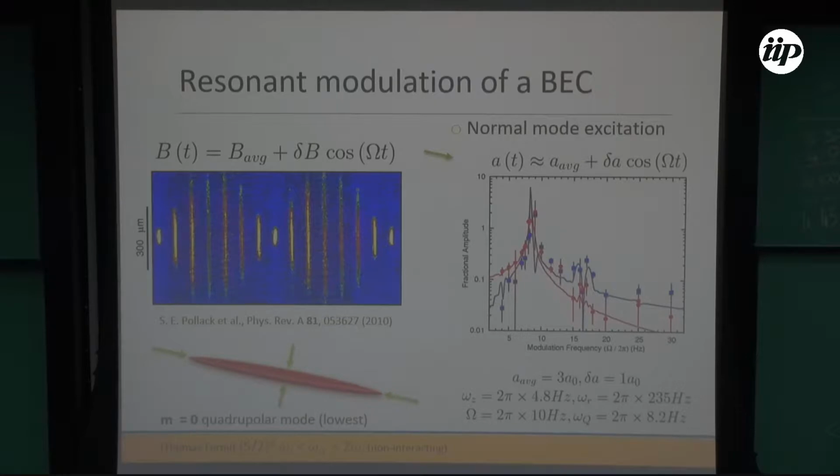So instead of trap modulation, which is the other way that people used to do before, where you compress your trap and relax, you do that a bit more independently here without modifying the density. Yes? No, you do have a trap.